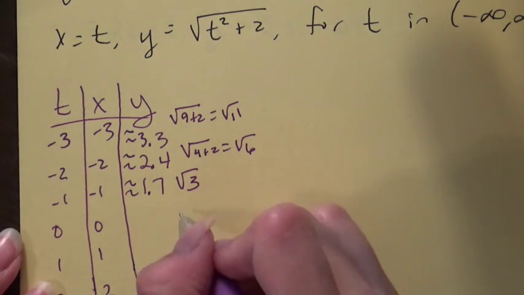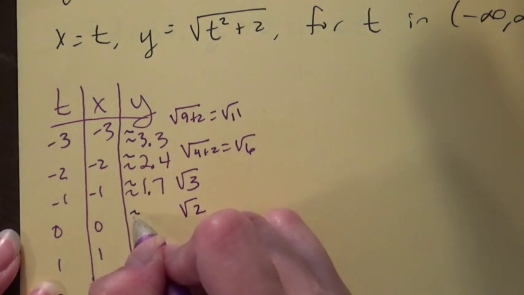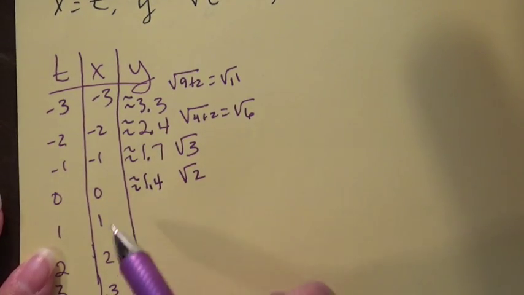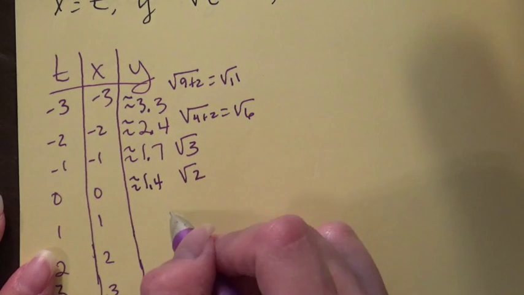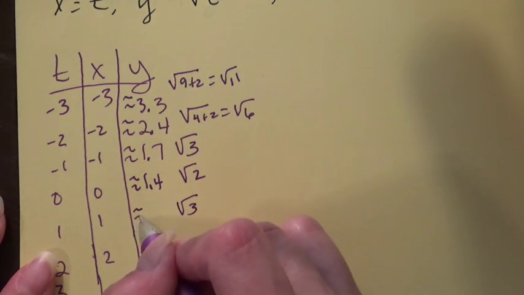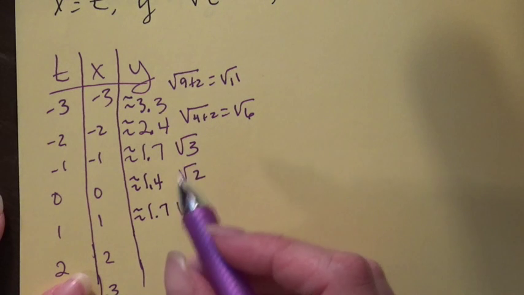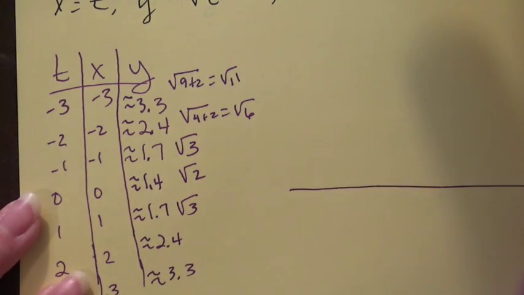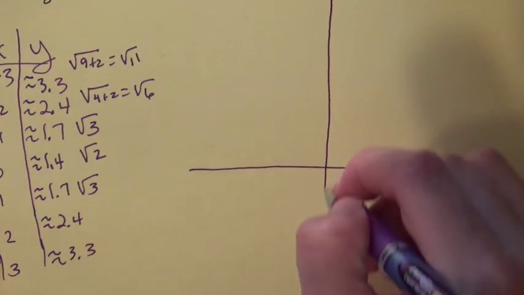Putting in 0 will give me square root of 2, which is about 1.4. Putting in 1 for t gives me square root of 3 again, which is 1.7. And then I get 2.4 and 3.3. So let's see how this looks.